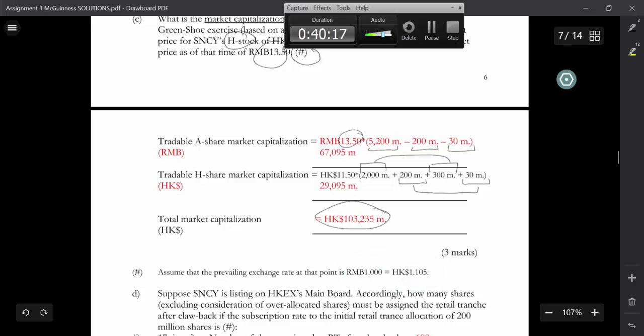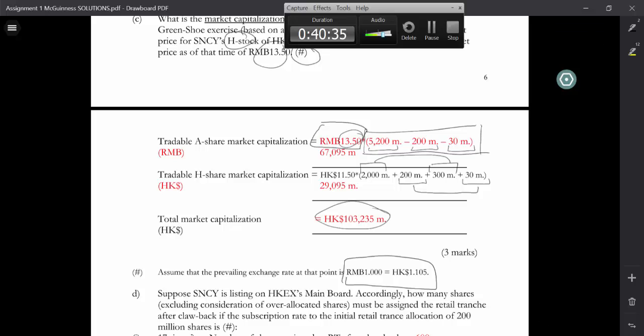So this is the conversion rate. So all you do is you multiply the renminbi share price by the renminbi shares, which is now decreased, and then the H. And you would need to convert this value into Hong Kong dollars by using this.